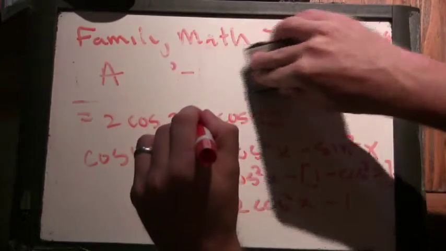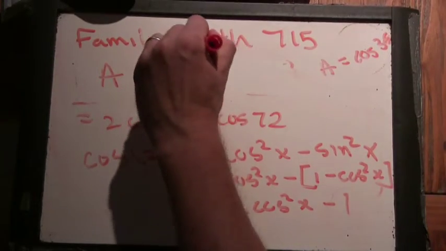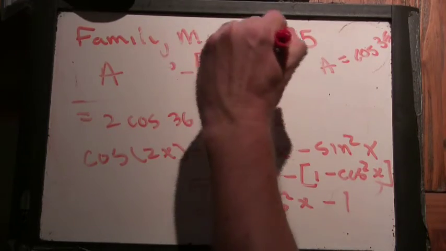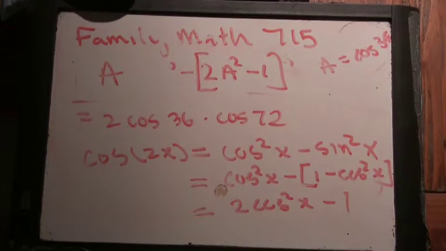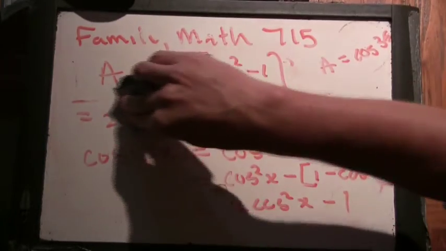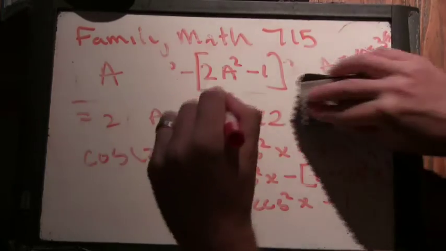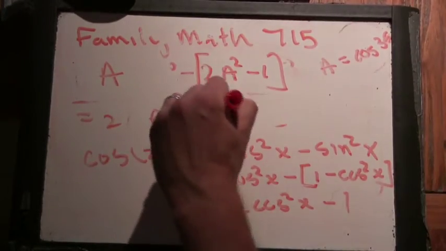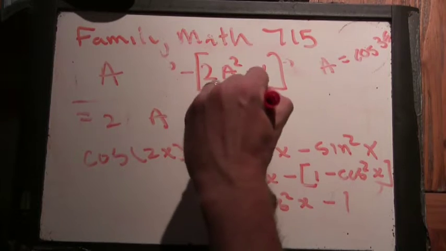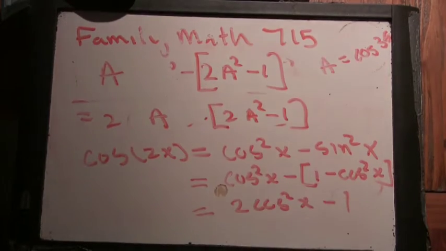a minus (2a squared minus 1) equals 2a times (2a squared minus 1). Right?